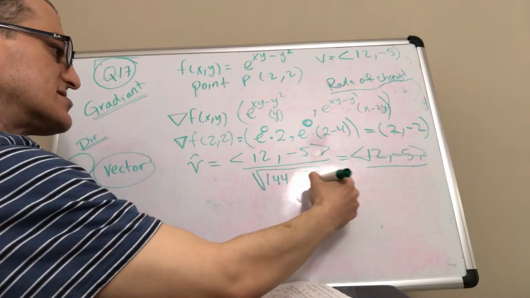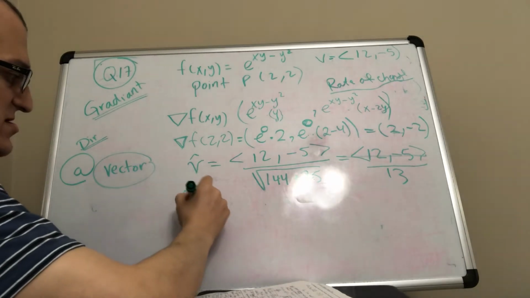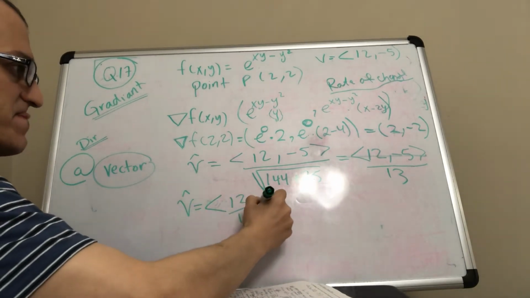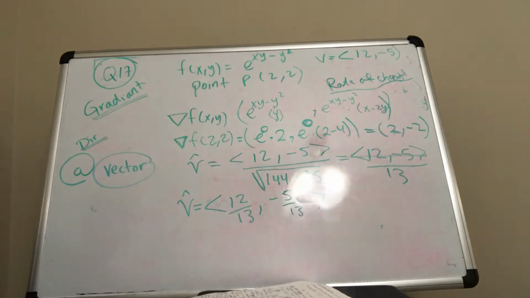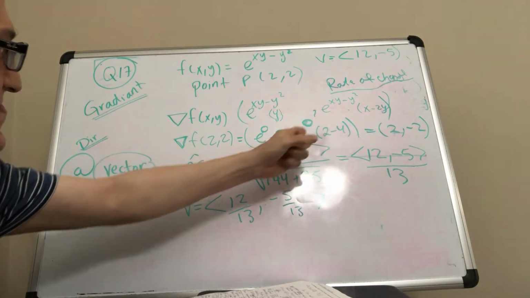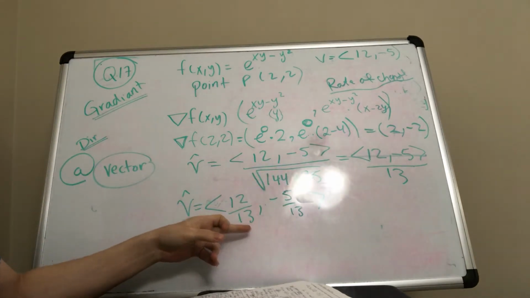Square root of 169, 13. So now the normal vector is 12 over 13, -5 over 13.